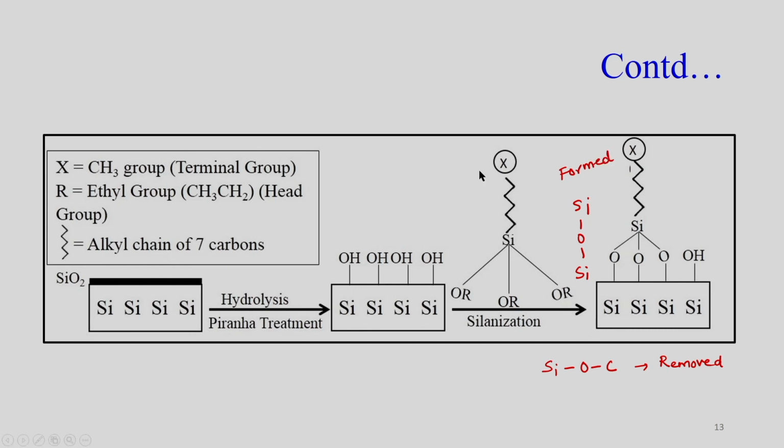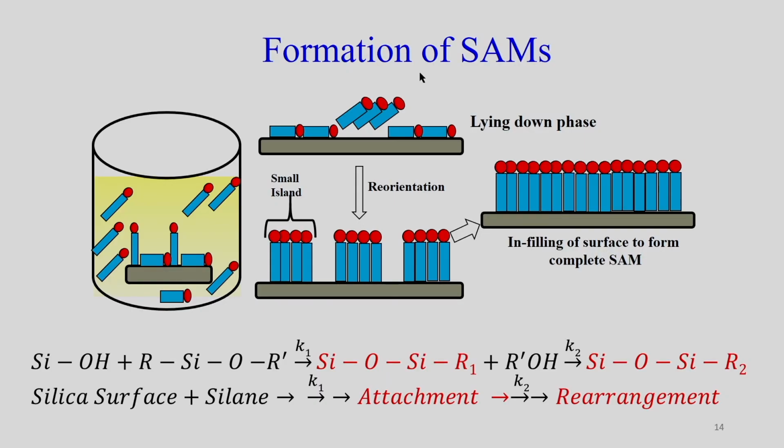Now we will see how we can apply surface characterization techniques to investigate the formation of self assembled monolayers. It is hypothesized that this is your surface and these are the surface modifying agents.